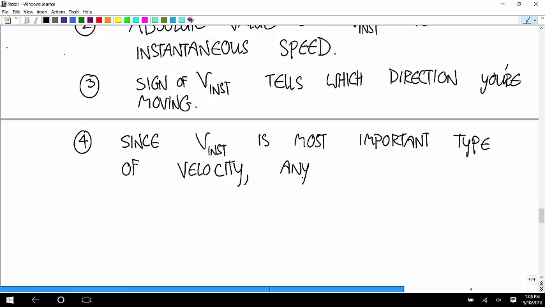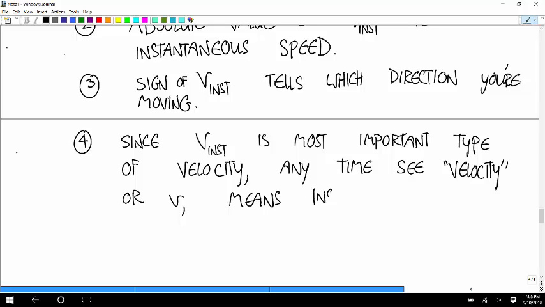Anytime you hear just velocity or see just v, that means instantaneous velocity. If there's a problem that wants you to calculate something about the average velocity, it'll say that specifically.